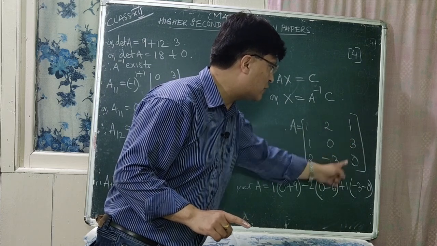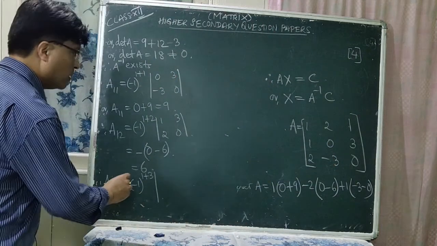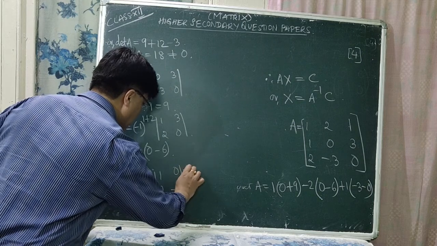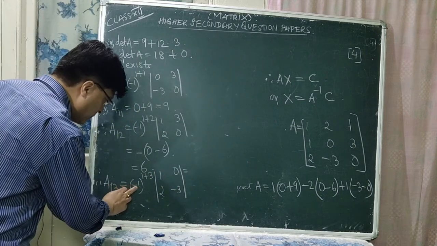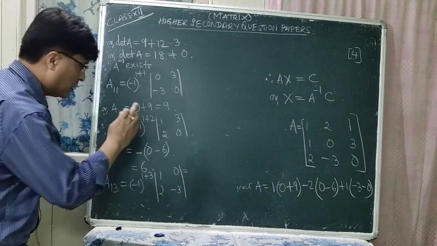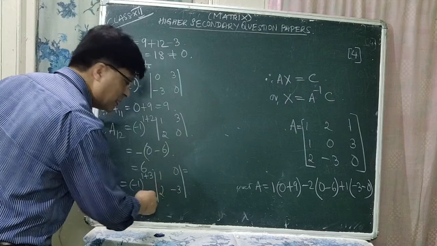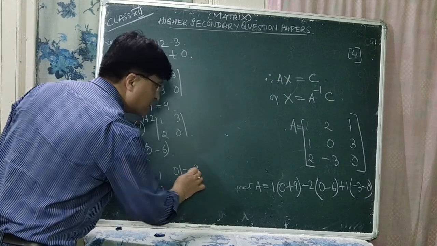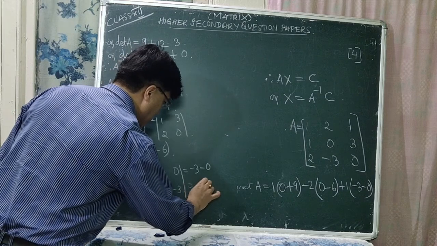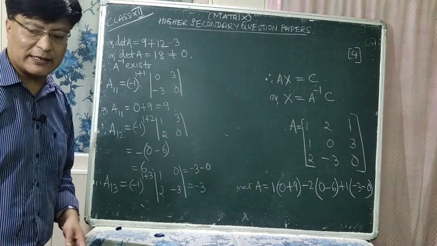That means first row and third column are deleted. What remains? 1, 0, 2, minus 3. What is minus 1 whole to the power 1 plus 3? That is plus 1, usually we don't write it. Expand this determinant. Minus 3 minus 0, which is equal to minus 3. That is, the value for capital A13 is minus 3.